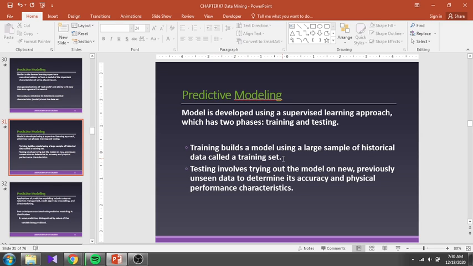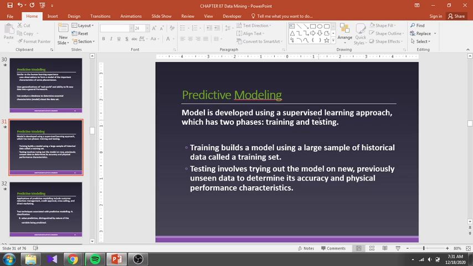I can say this training is more like you run a dummy database containing historical or previous data, maybe from your sales, or whatever data your company has stored.